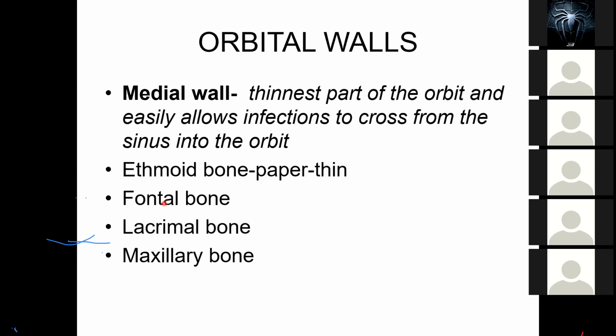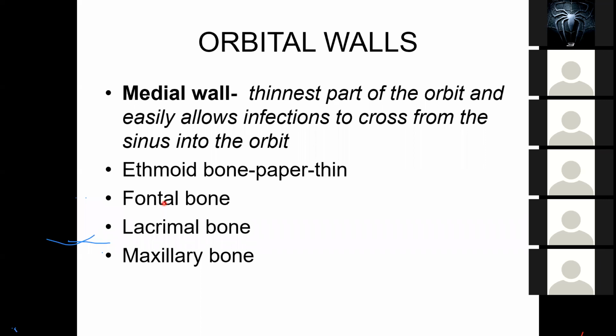The medial wall, as I just mentioned, is the thinnest part of the orbit. And this therefore allows it to easily let infections cross in from the sinus into the orbit. So typically, when people have sinusitis, for instance pansinusitis, and it's not treated properly, the bacteria can move from there into the orbit.